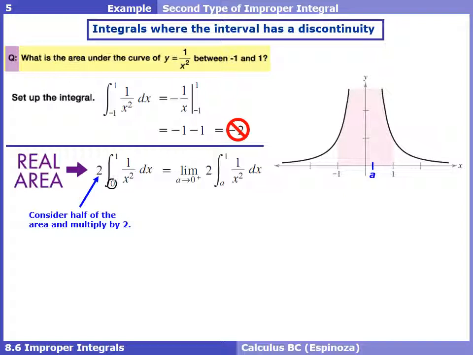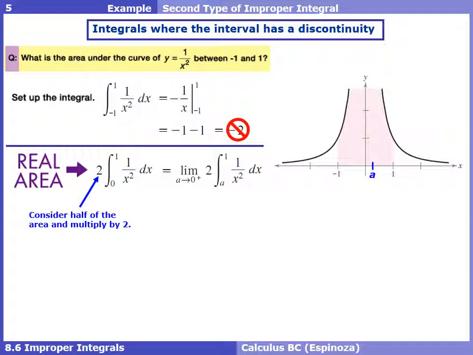We can't have this bound of 0 here, but I can certainly have a bound of a. A could be 0.1, 0.011, 0.000011. It could be really any number as long as it's not 0.